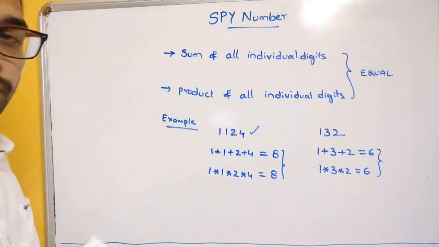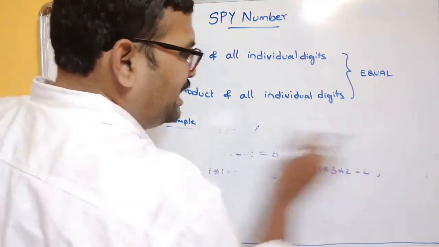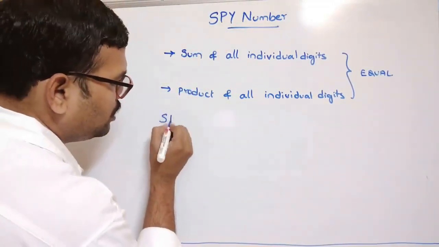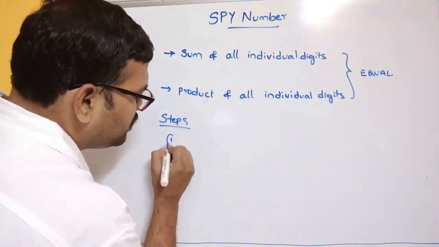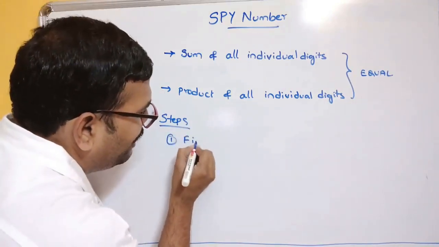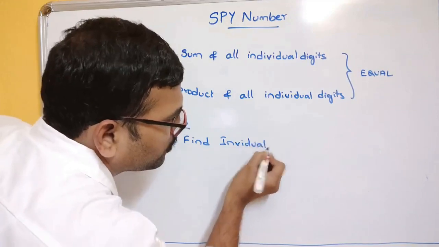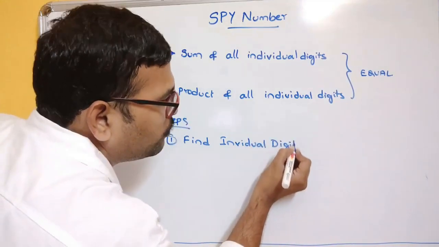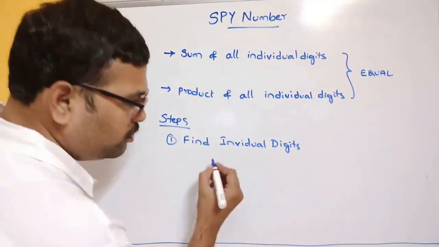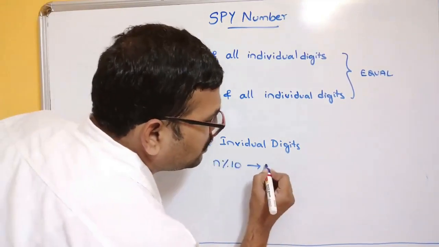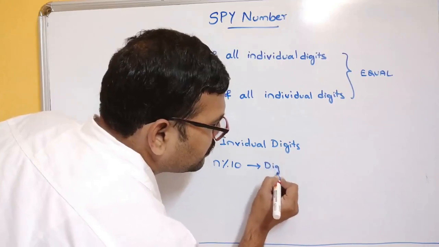So what do we have to find out first? Initially we need to find the individual digits. Steps: first step, find individual digits. In order to find the individual digits, n mod 10 will give the digit.